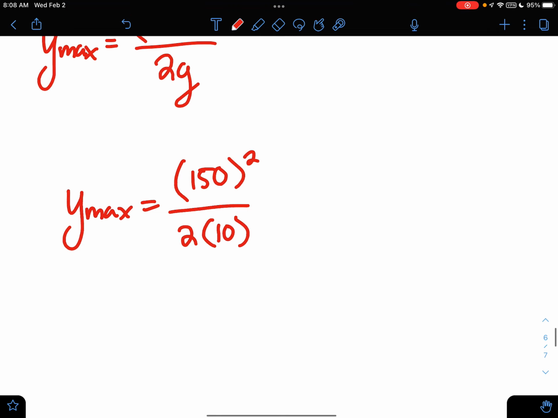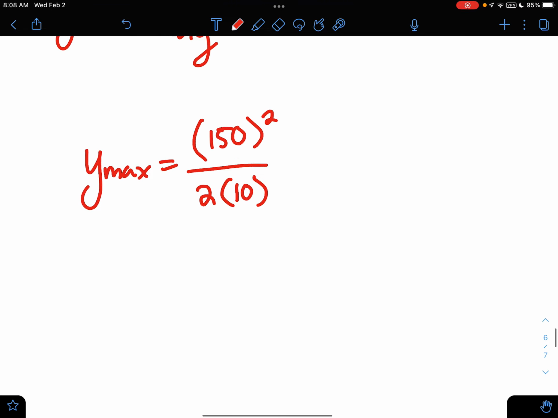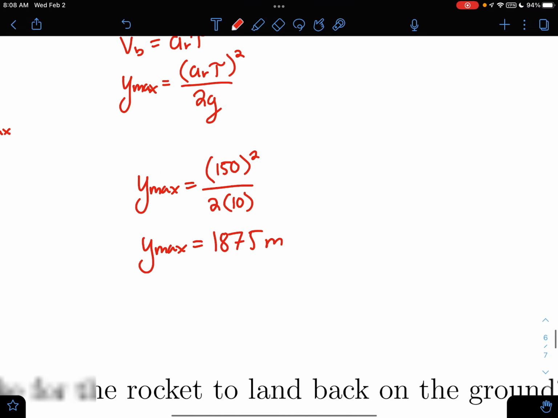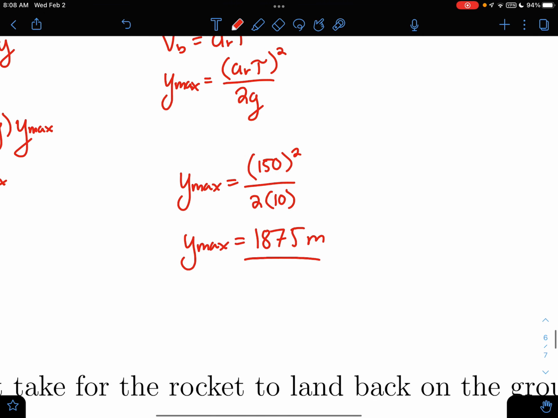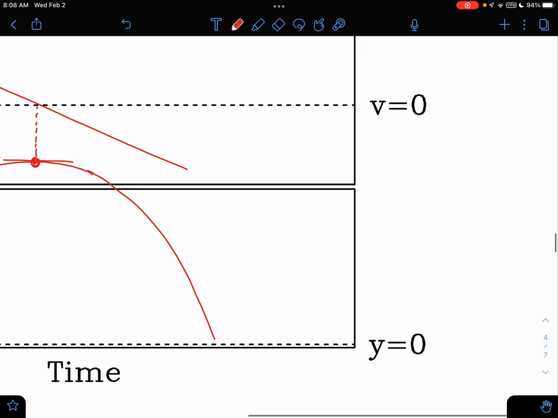All right, so 15 squared is a lot. So our y max is going to simplify down to about 1875 meters. Wonderful. So that is our maximum height.